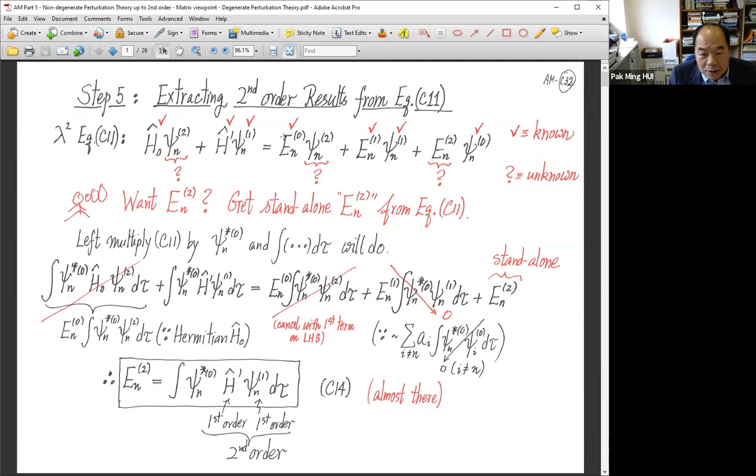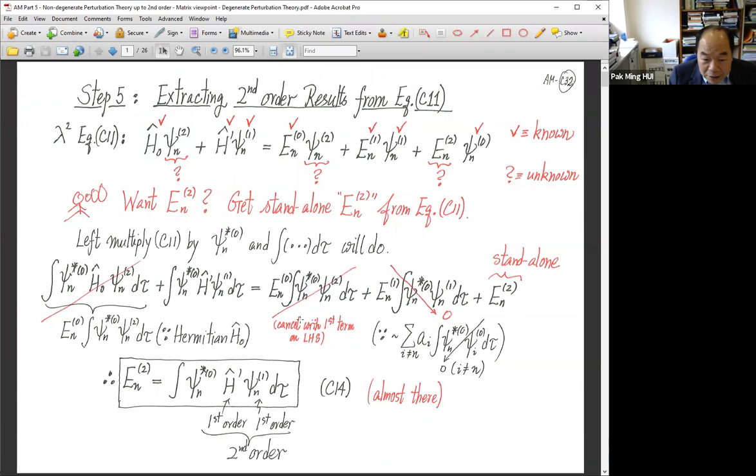Okay, now let's look at this term. We multiply in phi n0, do the integration. Again, we meet the same friend. And the prefactor is exactly what happened to the first term on the left-hand side.